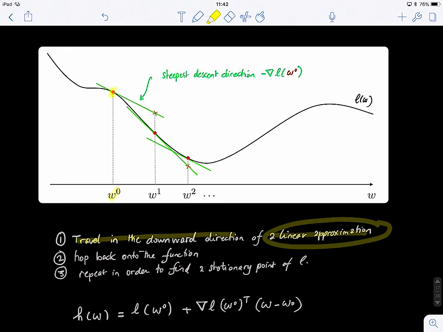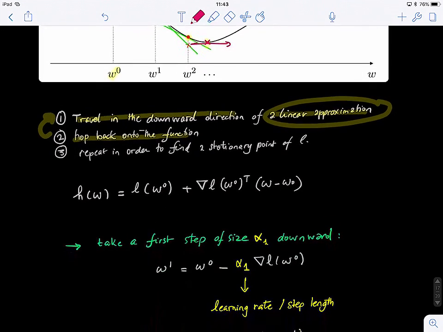Then we hop back onto the function because we're computing, again, the gradient at W1. And then repeat again. We loop over until we know that we have reached our minimum, where the gradient has a very small value, close to 0. That's it.